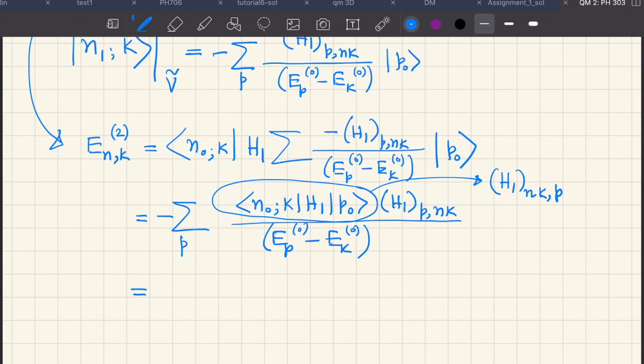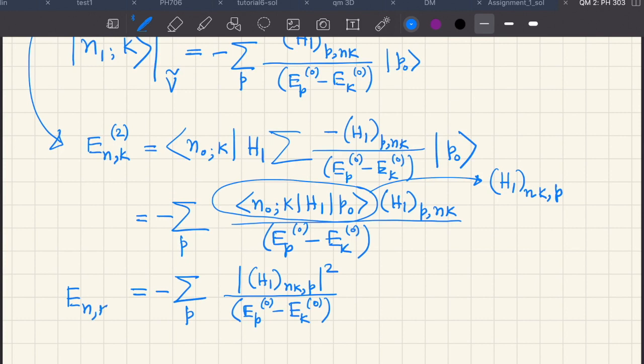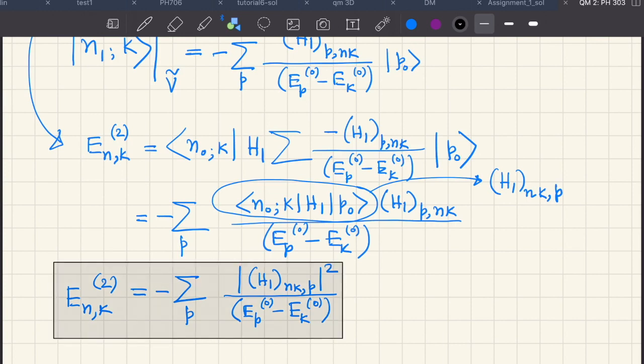So this is therefore minus the sum over p of mod h1 nk comma p whole square divided by ep0 minus ek0. This is the second order energy correction for the degenerate states.